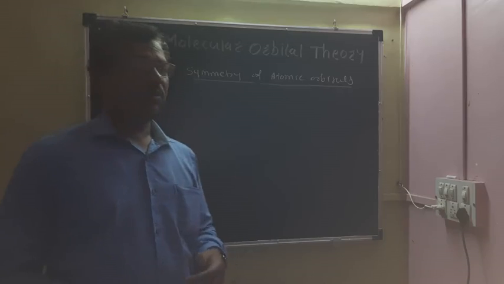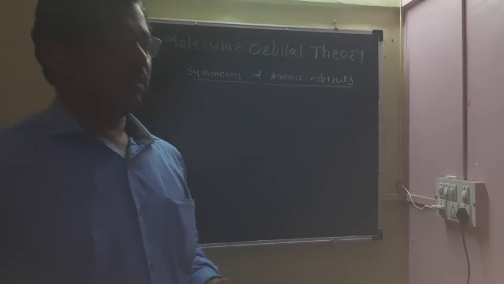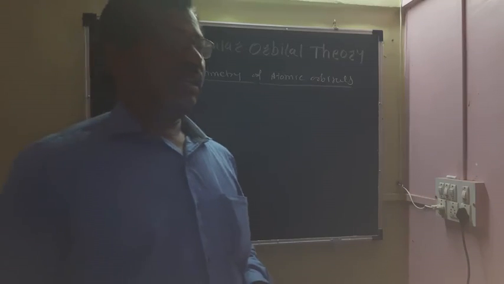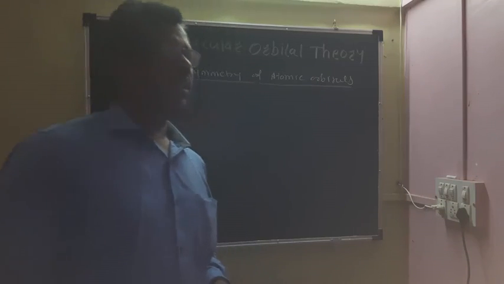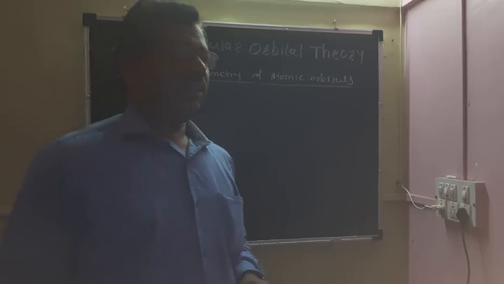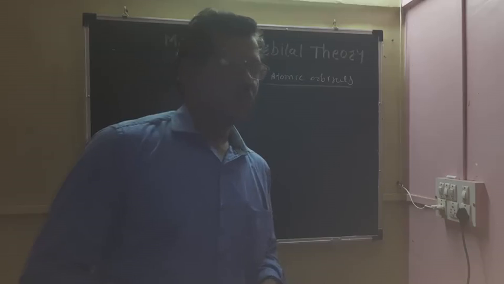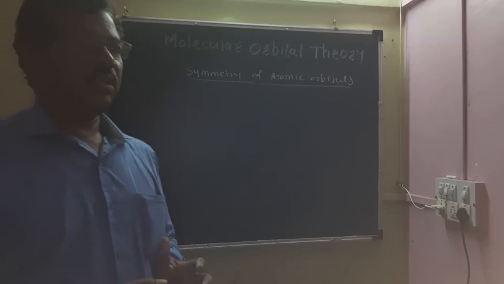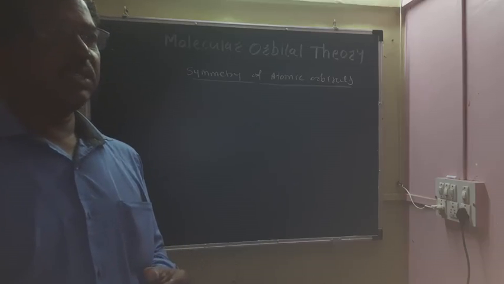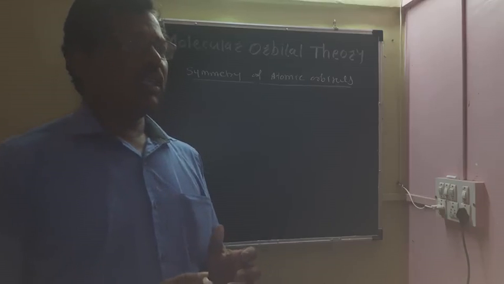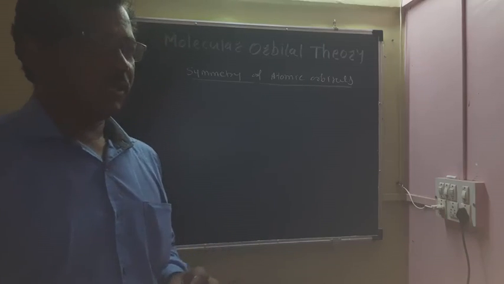Today we are going to discuss the symmetry of atomic orbitals. In the molecular orbital treatment of bonding in octahedral complexes, the dx²-y² and dz² orbitals, together with the 4s, 4px, 4py and 4pz orbitals, combine with ligand orbitals and form sigma bonds.